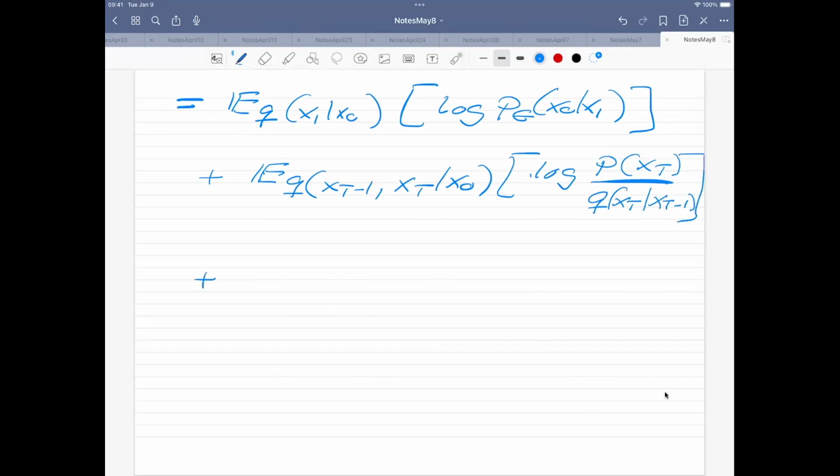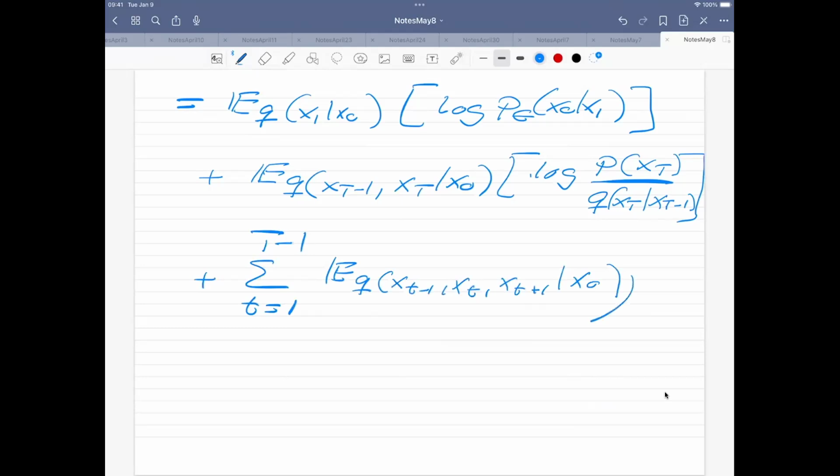And then finally, we need the term from t equal 1 to t minus 1, and it's going to be a q which will depend on xt minus 1, xt plus 1, given x0, multiplied.